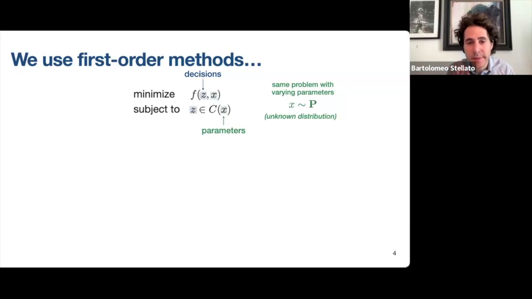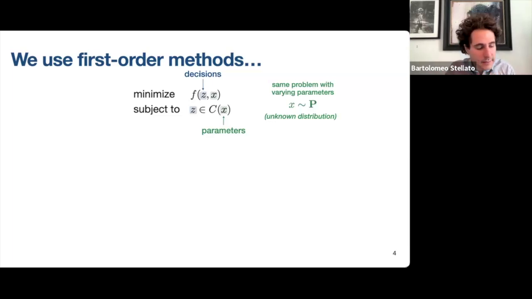So for example, x could be the state of your dynamic system if it's an optimal control problem, or the loads and the state of charge across the units in your power distribution network. And then these parameters, once you see them, you need to solve the problem and compute the optimal decision z.